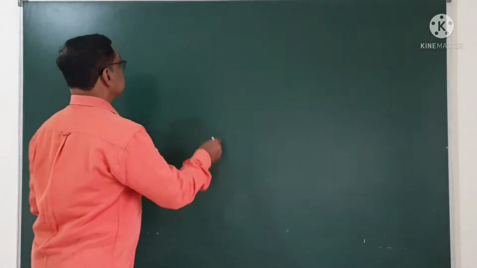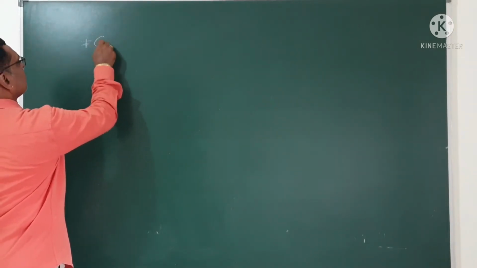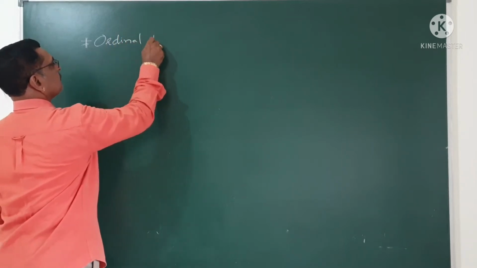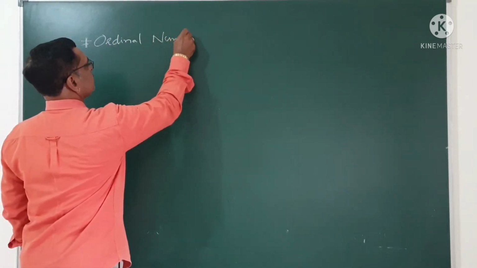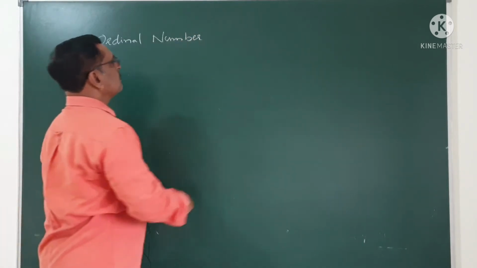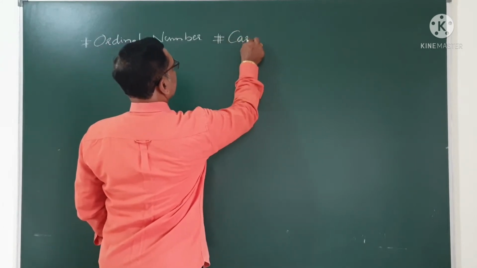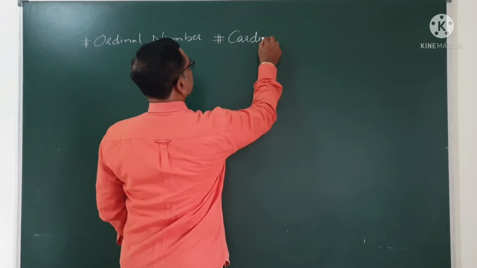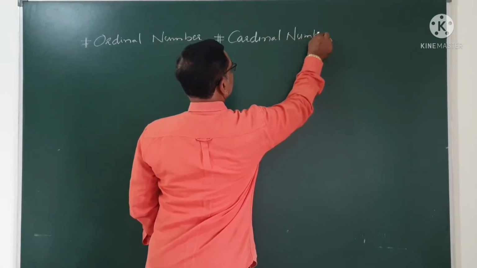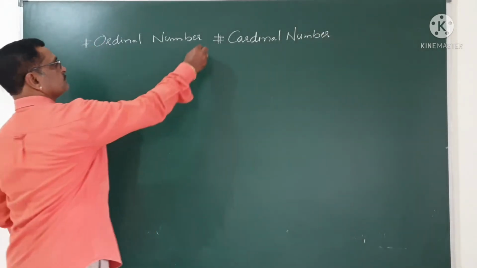And the second concept is cardinal number. Now let me explain one by one.